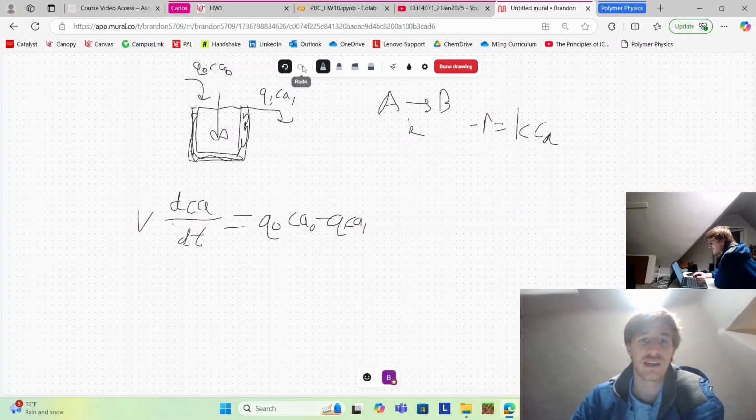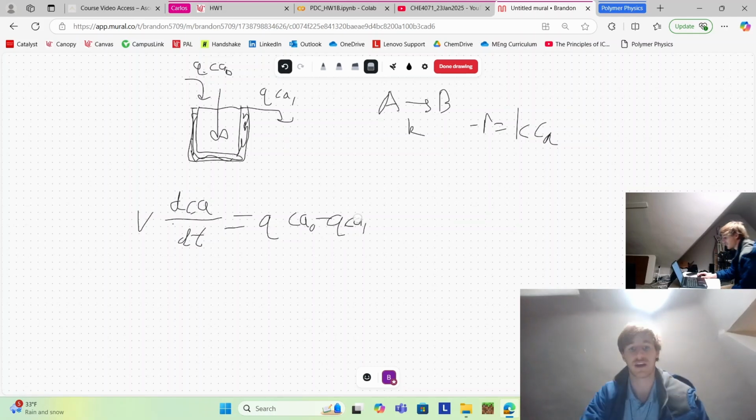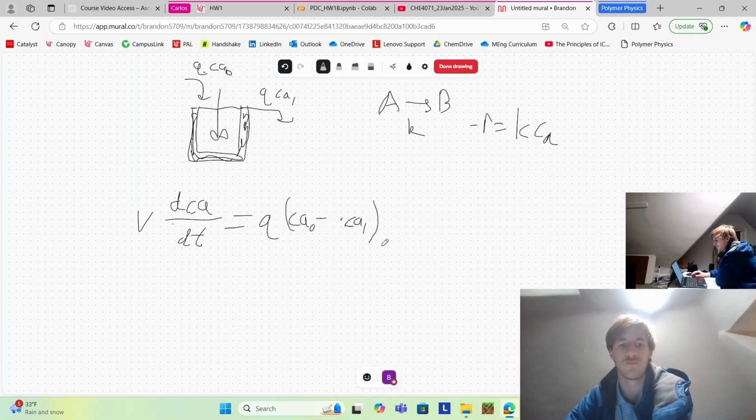So that means that our Q naught actually equals our Q1. So we can just take those bits off. And that also means that we can factor out our flow rate here. So we get Q times CA naught minus CA1.